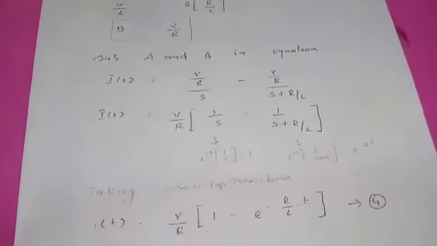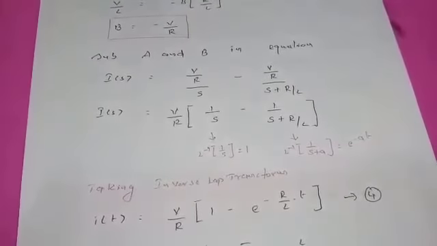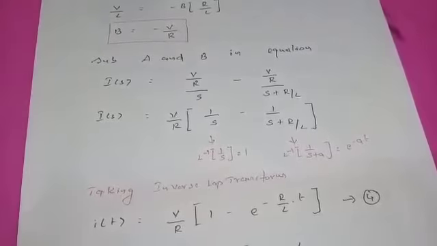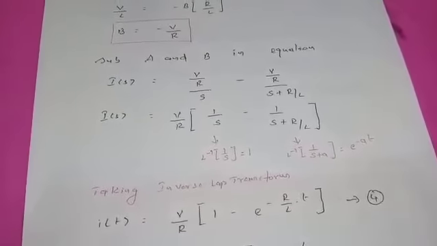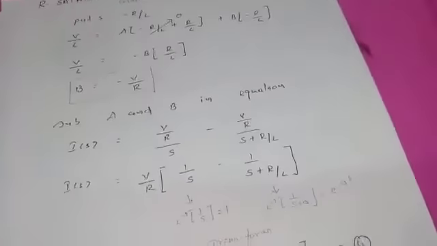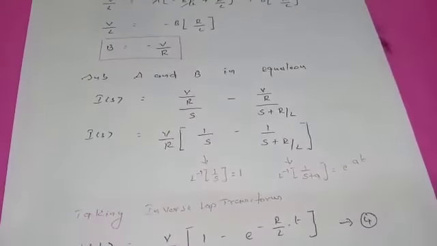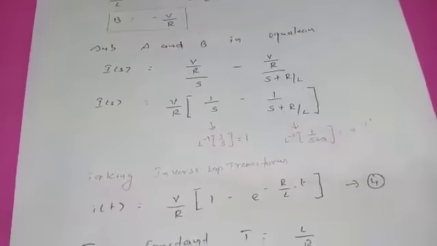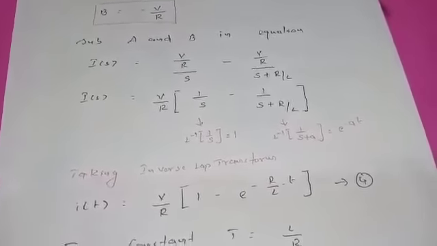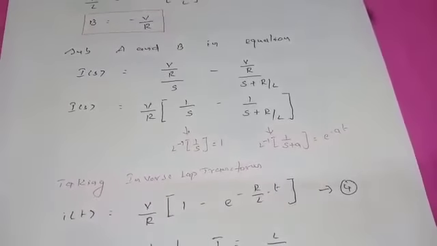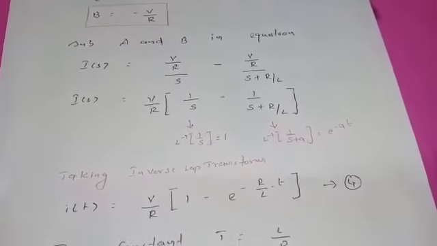Now taking the inverse Laplace transform, we have the terms 1 by S and 1 by S plus A. When we take the inverse Laplace of 1 by S, we get 1, and when we take the inverse Laplace of 1 by S plus A, we get e power minus at.